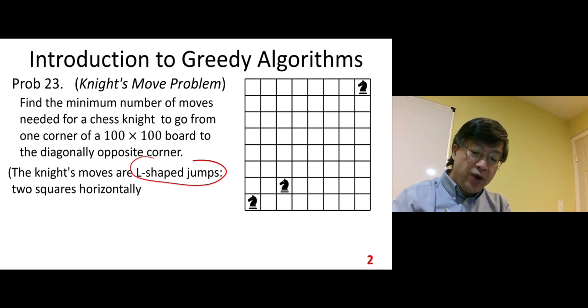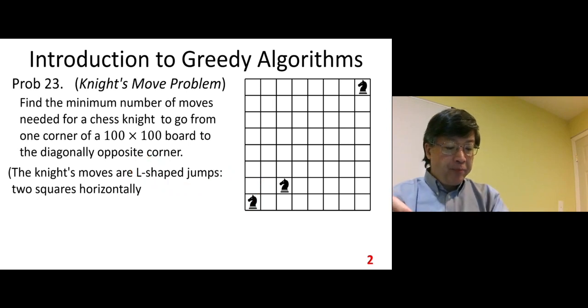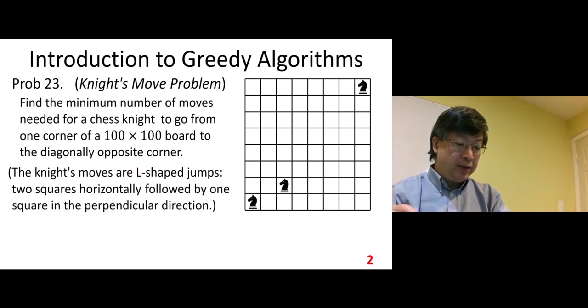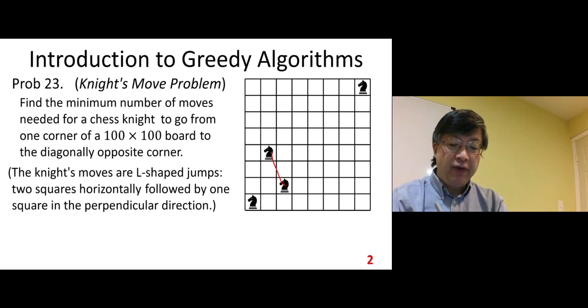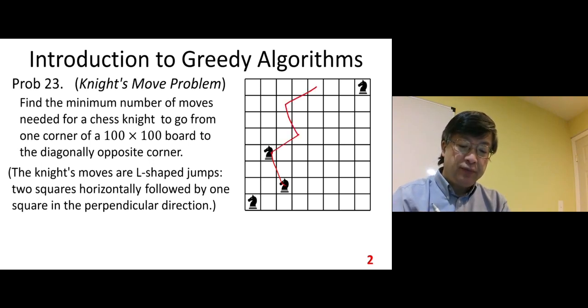Another way, 2 squares vertically and 1 square horizontally. Another, you can move in another way. So we move from here, we can move there, and from there we can move there.